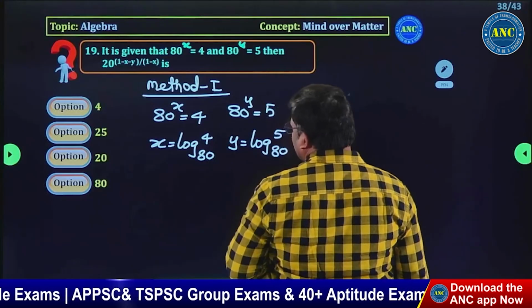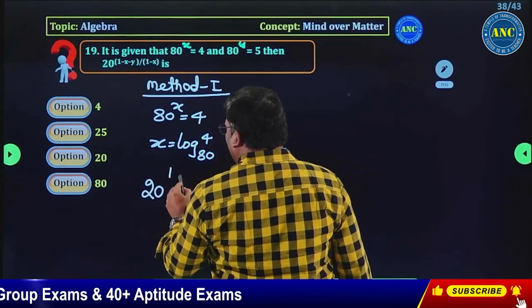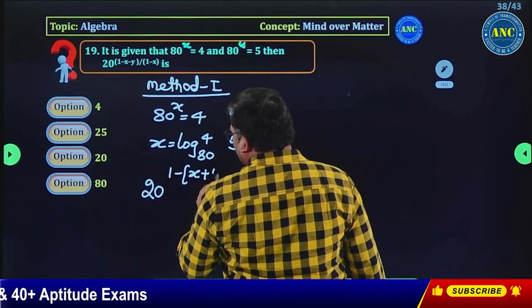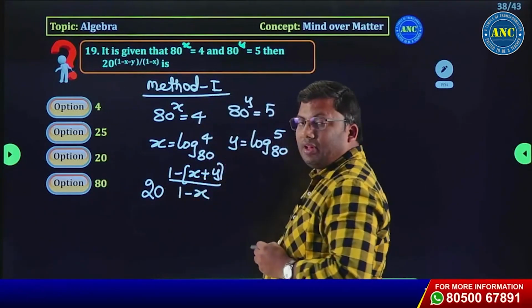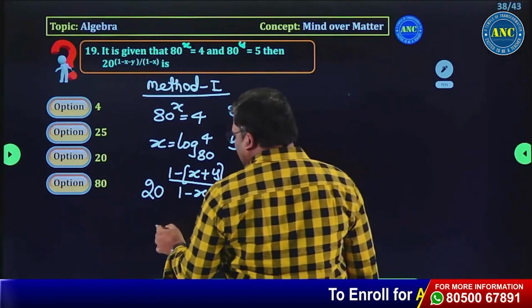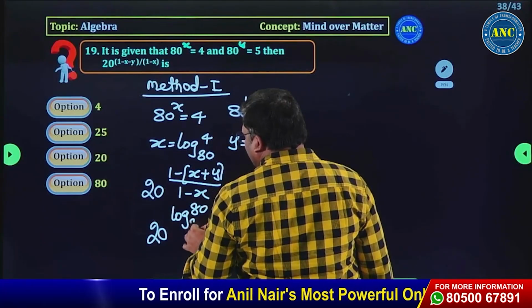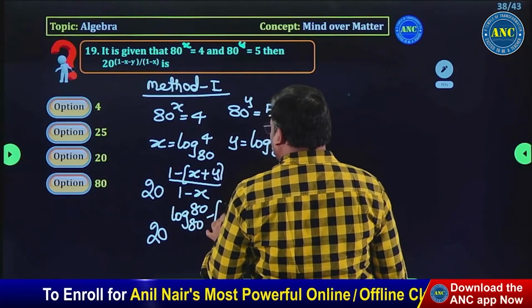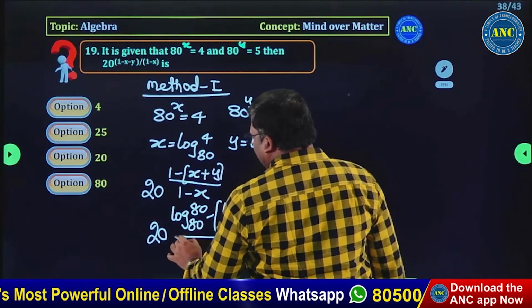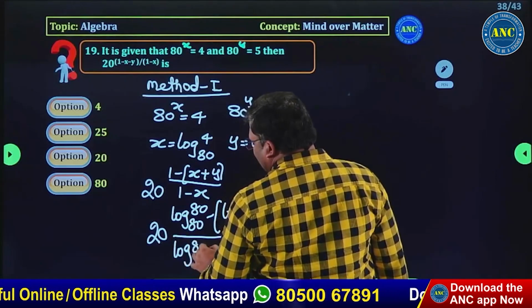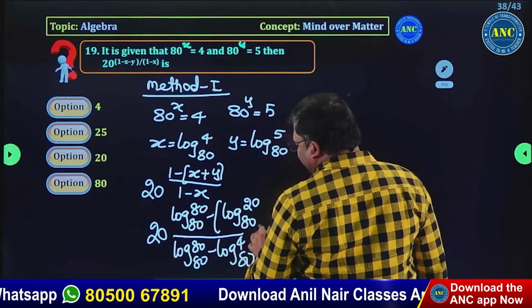The question is 20 power of (1 minus (x plus y)) divided by (1 minus x). Most of the teachers also will solve like this. I am writing 1 as log 80 base 80, minus x plus y, which is log a plus log b, so 4 fives are 20, divided by log a minus log b, with 1 minus x being log 80 base 80 minus log 4 base 80.